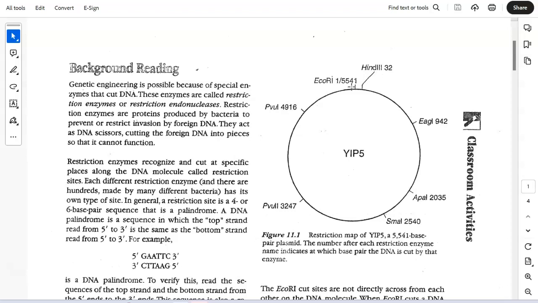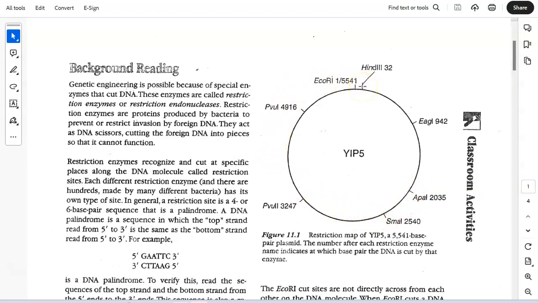Number 11 asks you to digest it with a couple of different enzymes: HindIII, which starts here at base 32, and ApaI, which is right here. That means you're going to cut a fragment from here to here, and then your other fragment is going to be from there all the way around and back to here.